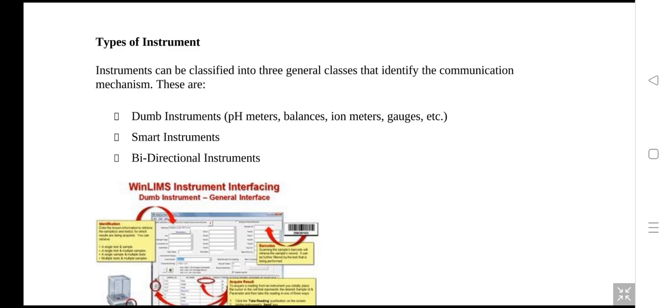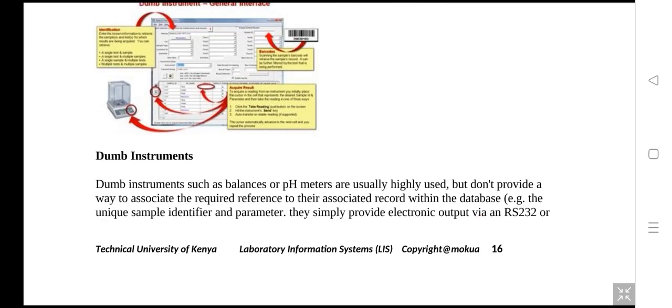We also have smart instruments, and we also have bidirectional instruments. So there are three different categories. Dumb instruments are balances, pH meters, and others, like a weighing machine. You just have to stand on it and take measurements.